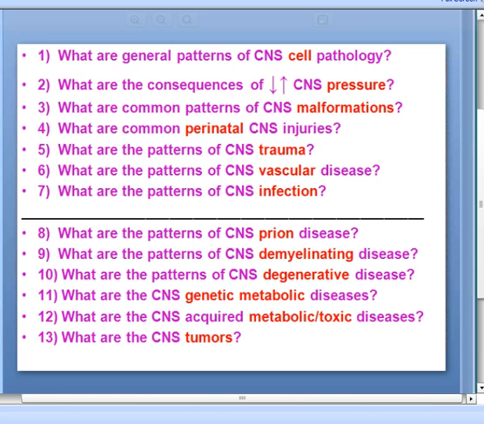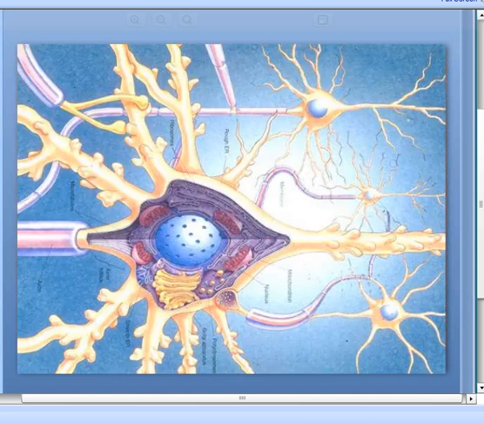Okay, so what are we going to talk about next? I think the best thing to talk about is to actually show the big cell of which the central nervous system is all about. As you know, it's the neuron. This is a great diagram. There are several big lumpy processes that come out of neurons. There's only one axon, but everything else is a dendrite. And if you want to know the difference, sometimes it's hard to tell when you're looking in histology. Just remember, the Nissl substance or the granular substance will actually go into the dendrites, but they do not go into the axons.